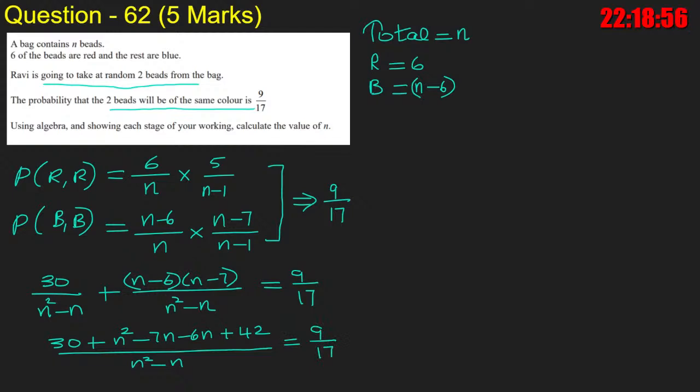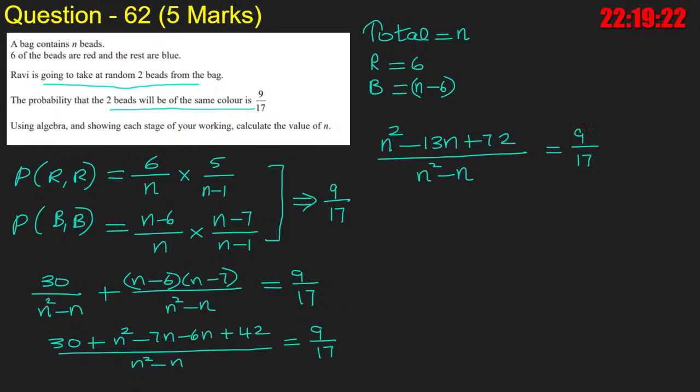It's all about algebraic fractions and you multiply and get the correct answer. I'm going to simplify first before I cross multiply. n squared minus 13n plus 72 over n squared minus n equals 9 over 17.